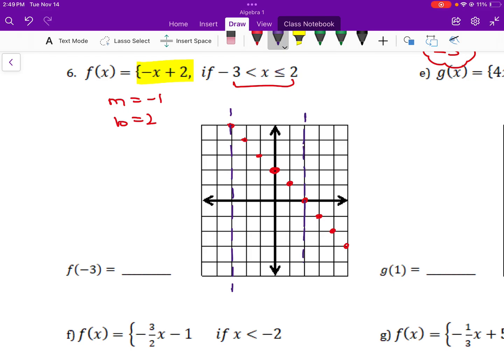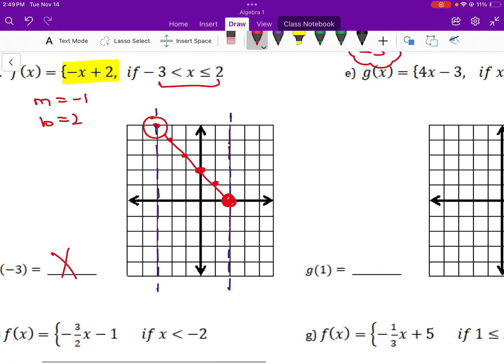I want it right between these borders. I would have an open circle because of my inequality sign, and a closed one, and it's just going to be this little dumbbell, this little snippet in between. To evaluate f at -3, I cannot find that because my restriction says that x has to be greater than -3.